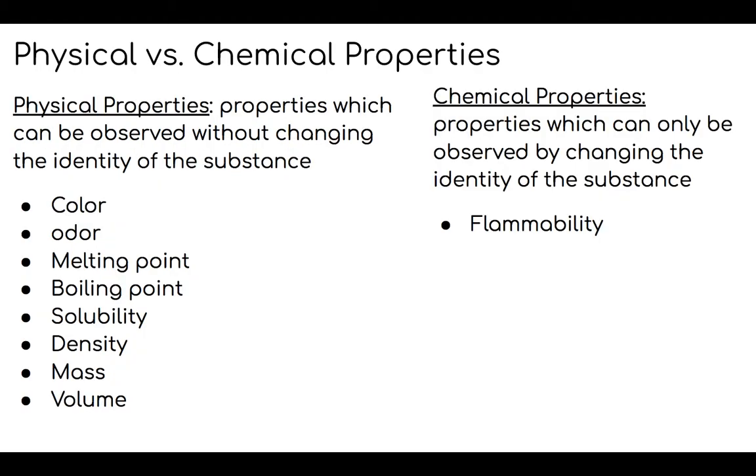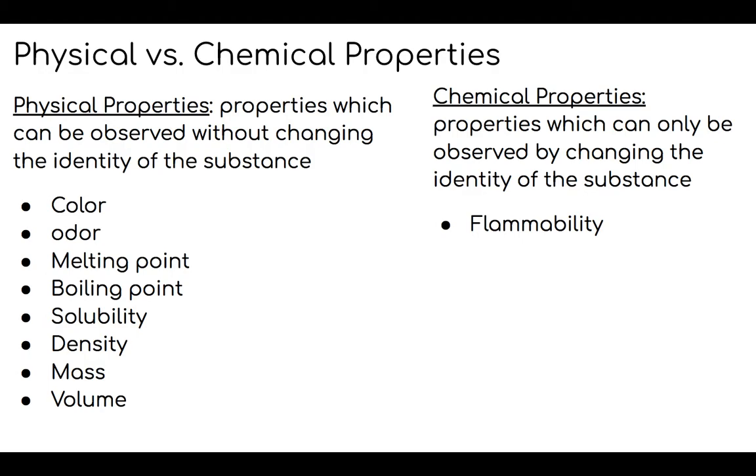Thinking about properties, we have two different types of properties, physical and chemical. So let's talk briefly about the difference between the two. Physical properties are properties which can be observed without changing the identity of the substance. That means that without changing it into anything else, I can collect information on these types of properties.